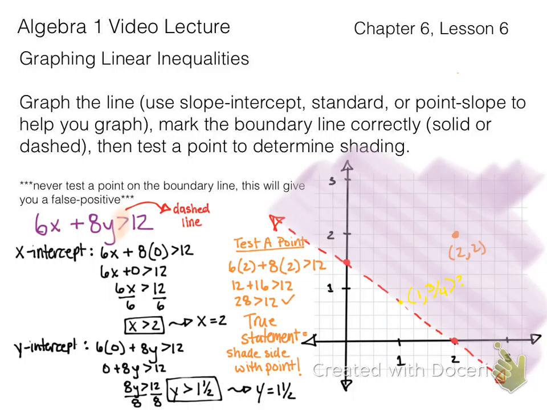All right, but the thing is here, you see here, it's very hard to see, it's in yellow, it's the point 1 3/4, 1 3/4. This point actually doesn't work because it's right on the boundary line, and since I have a less than or greater than statement, none of the solutions actually on that dashed line work.